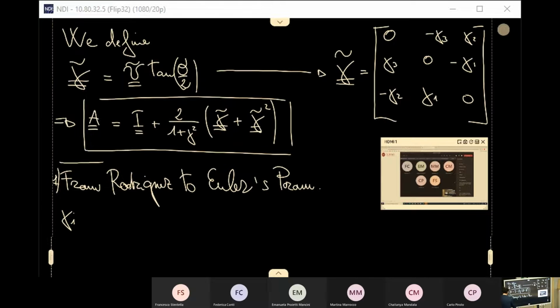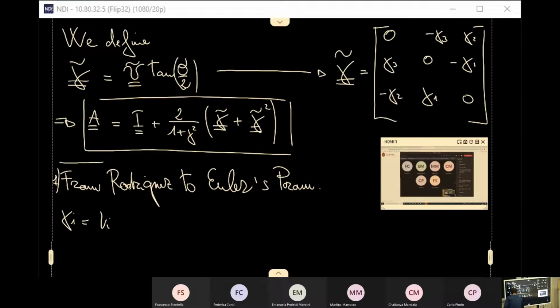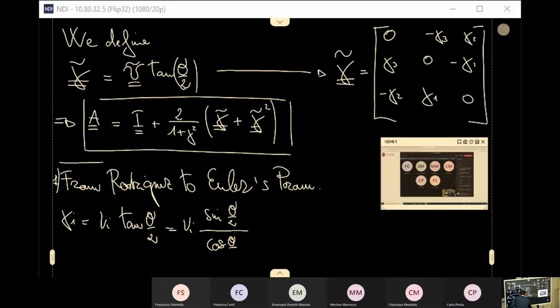So Rodriguez parameters gamma I, as we have defined it, is basically v_i times the tangent of theta divided by 2. And this can, of course, be written as the sine of theta divided by 2 divided by the cosine of theta divided by 2.